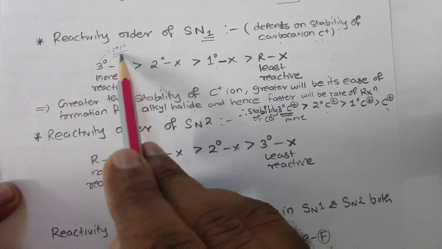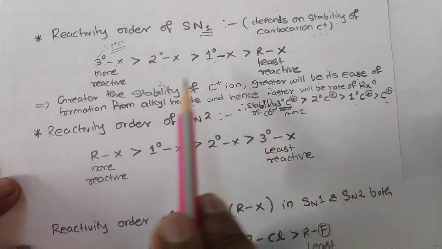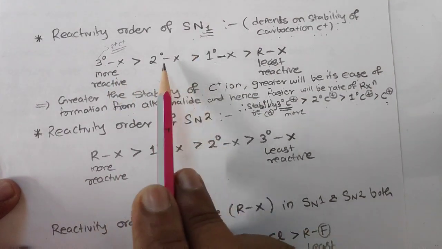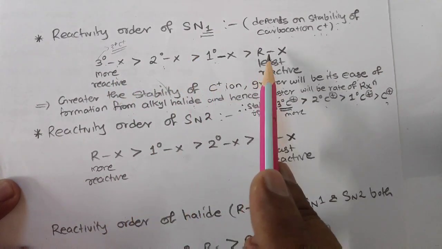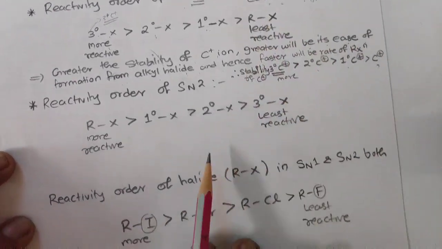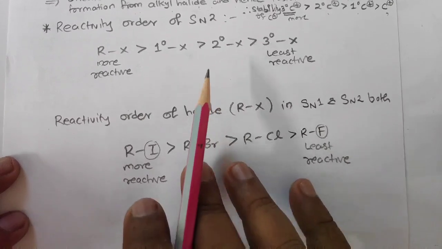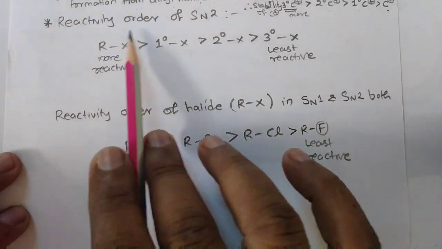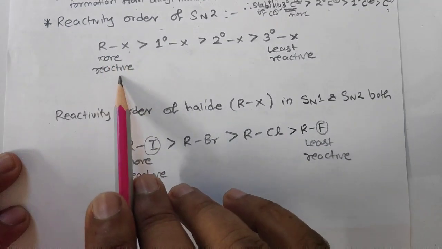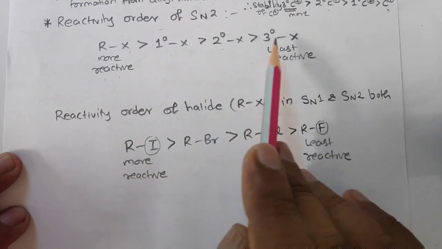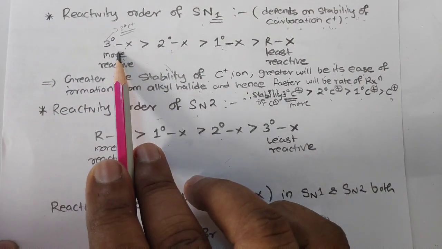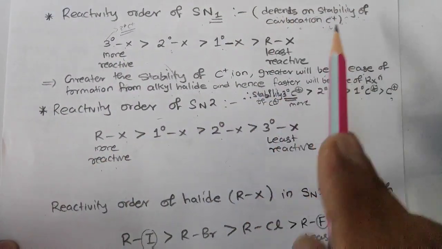Tertiary halide is more reactive in the SN1 mechanism than secondary, primary and methyl halide; this depends only on the stability of the carbocation. As a little revision, the order of SN2 mechanism is methyl more reactive than primary, secondary, tertiary. What about SN1? Tertiary was first, and that all depends on the stability of the carbocation.